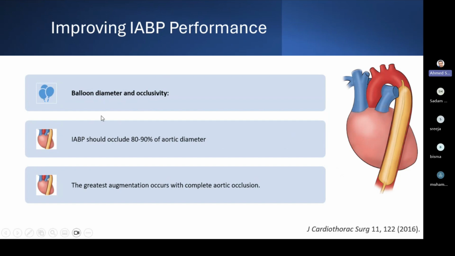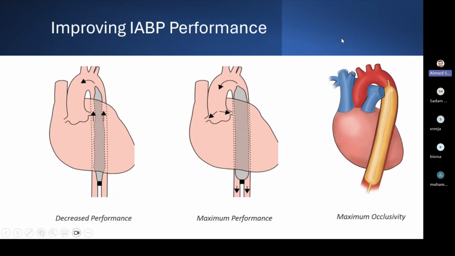And the next factor is the balloon diameter and the occlusivity. Ideally, the intra-aortic balloon should occlude 80 to 90% of the aortic diameter. And the greatest augmentation occurs with complete occlusion of the aorta. As you see here, this is the maximum performance by the intra-aortic balloon due to maximum occlusion of the aorta, but this one is decreased performance because the balloon occlusivity is less than 80%.